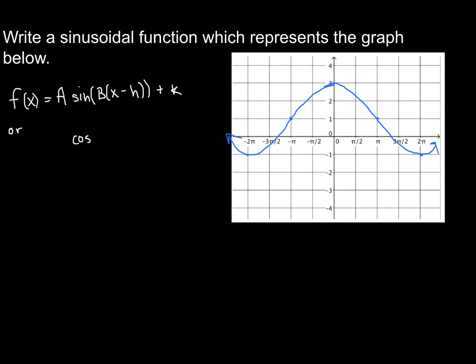In order to create this function, we need to determine the a, b, h, and k values, in other words, the parameters that would create this function here. I want you to pick apart this function, determine the a, b, h, and k parameters, and then choose whether you want this to be sine or cosine, and write out your function.